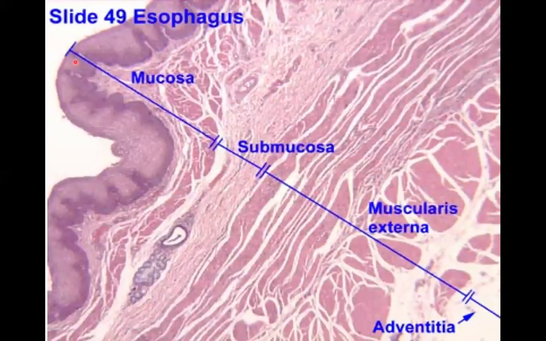This is a slide showing the lining epithelium. Then we have the underlying lamina propria. Then you have the muscularis mucosa, a single longitudinal layer. Then you have the submucosal layer with the esophageal glands proper. This is the muscularis externa, the two layers, inner circular and outer longitudinal, and the outermost adventitia.